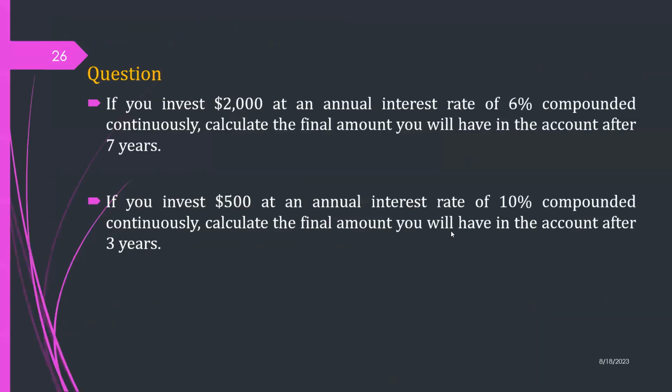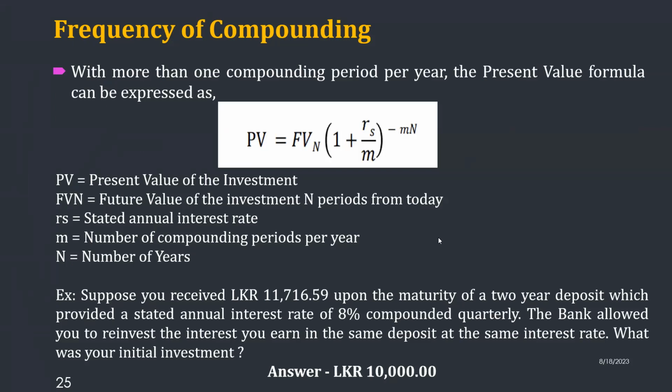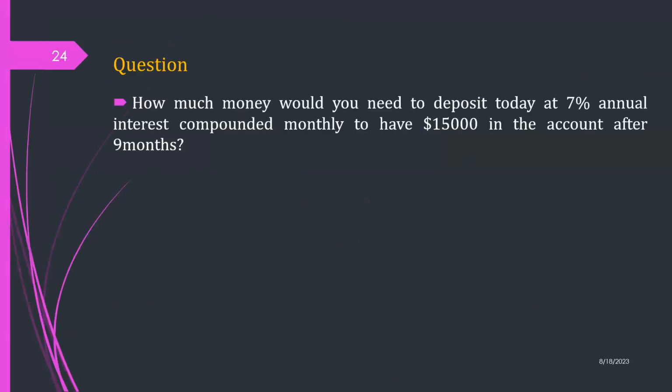Right. So we will move on to this question, which is in the slide. It says how much money you need to deposit today at 7% annual interest, compounded monthly, to have 15,000 in the account after 9 months.